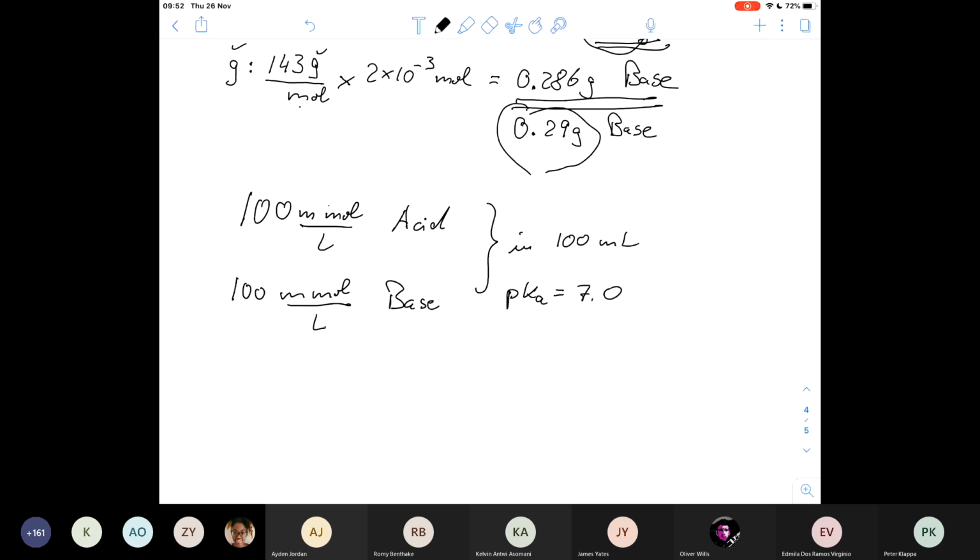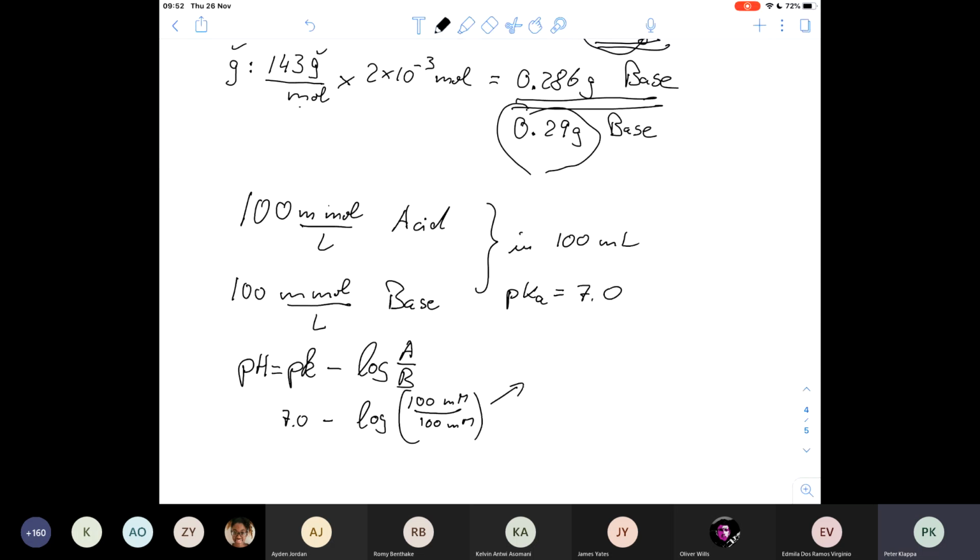It's 10? 7? Aha. There are different views. 7. Right. So pH equals pKa minus log acid over base. pKa is 7.0. Log acid is 100 millimolar divided by 100 millimolar.